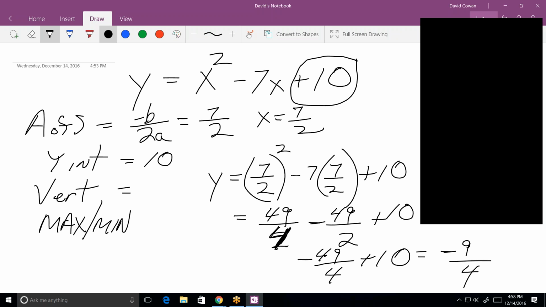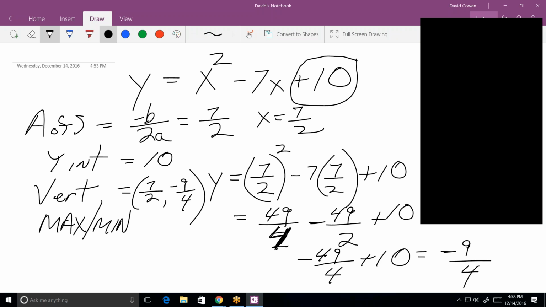Okay. That's the y-coordinate of the vertex. So your vertex, 7/2 and 9/4. Yeah, minus 9 fourths. Yeah. 7/2, minus 9 fourths is the vertex.